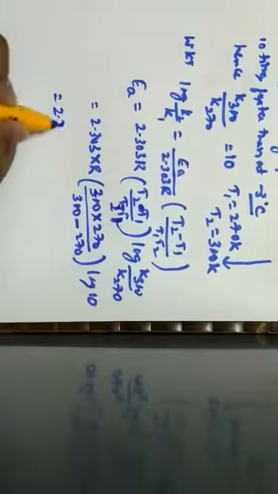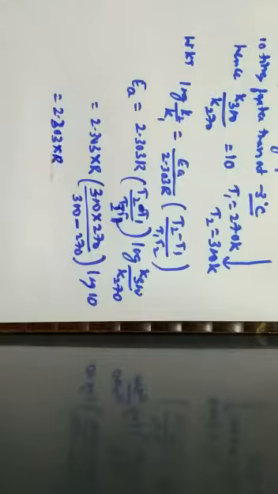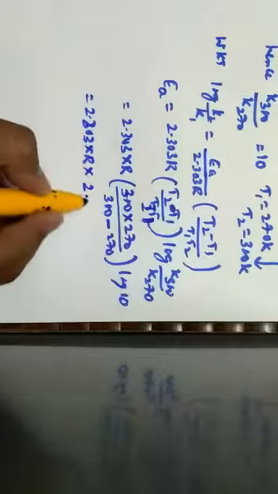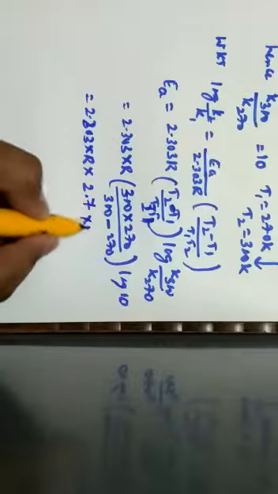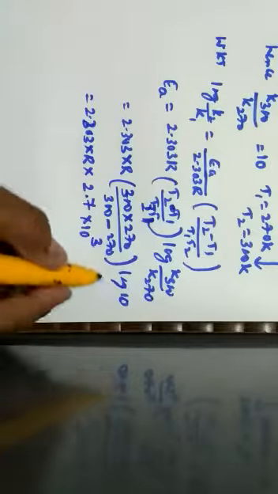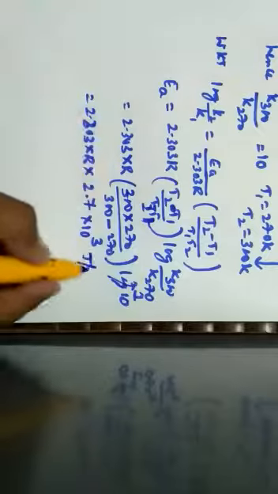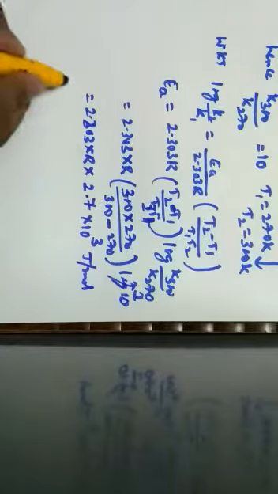Therefore, it is turning out to be 2.303 into R into, on simplifying this, we get 2.7 into 10 to the power of 3. Log 10 to the base 10 value is 1. So this is joule per mole.